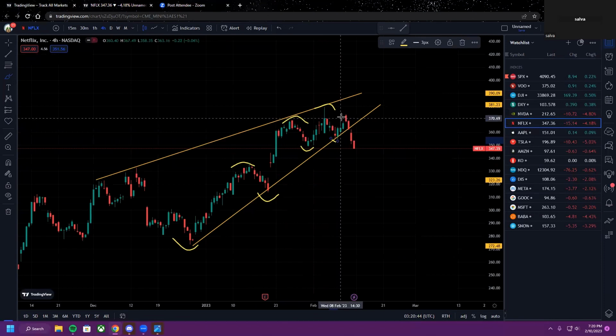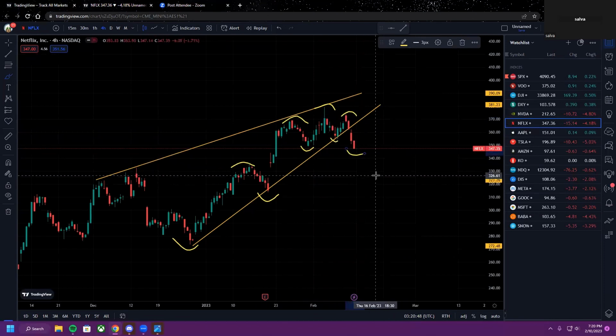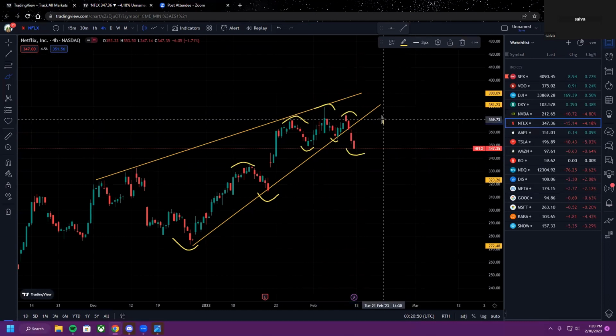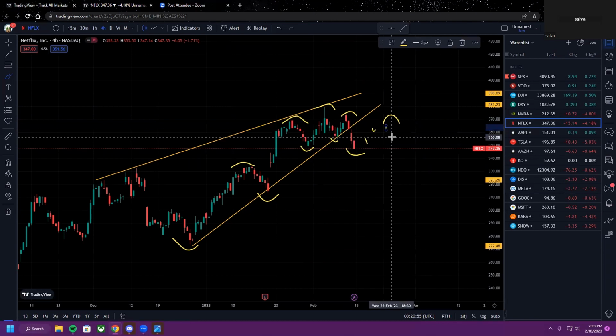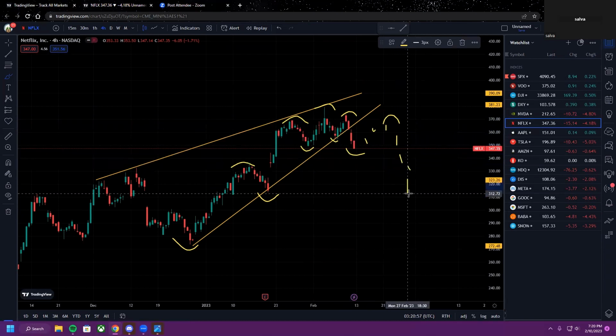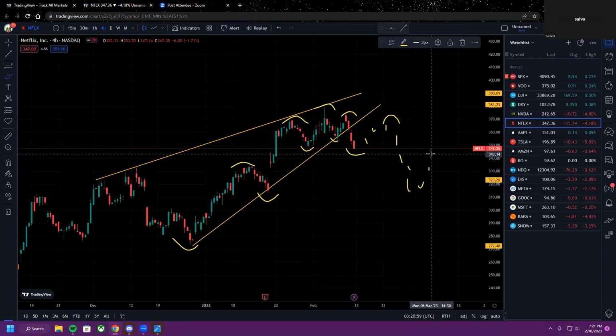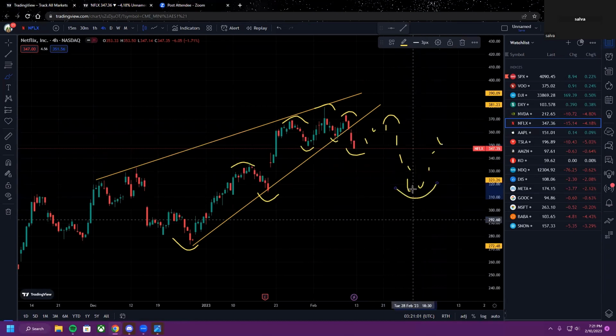Boom. What happens right here? Failure to go higher. We're making our lower low. We're in the process of making our lower low. What we need is a lower high. Let me just sketch it out real quick. Lower high, and then boom.